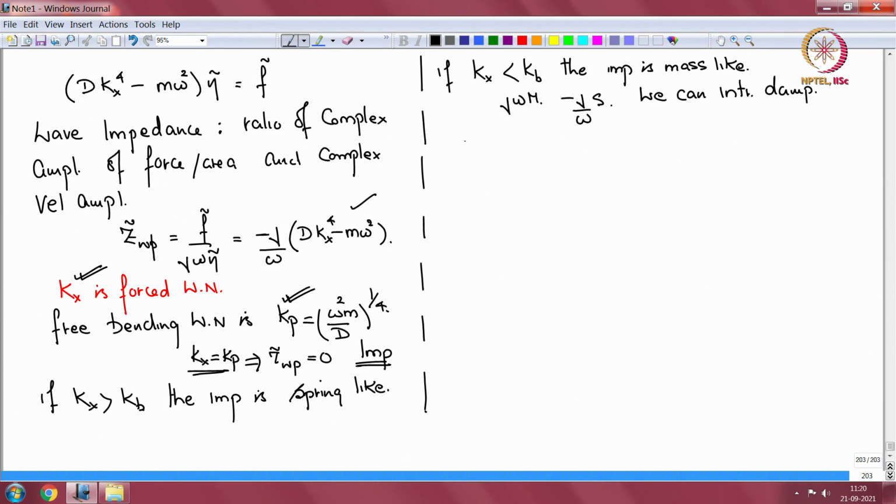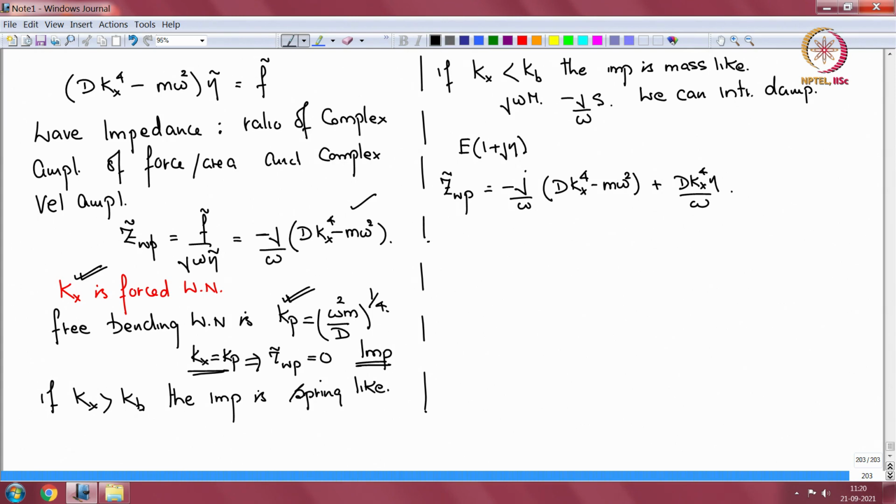So the E whatever is there is made complex with a loss factor, and therefore along with damping we can write this as minus j by omega d kx fourth minus m omega square plus, and therefore it will have a similar form of the stiffness eta over omega. Okay, so that's the plate wave impedance.